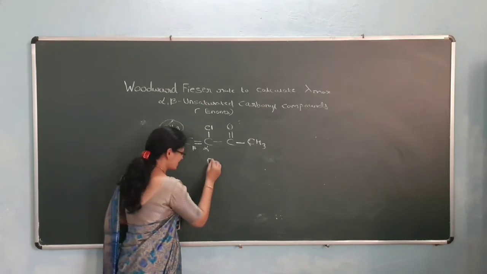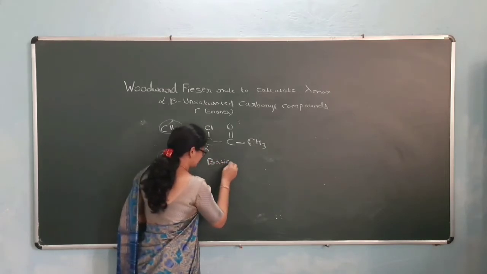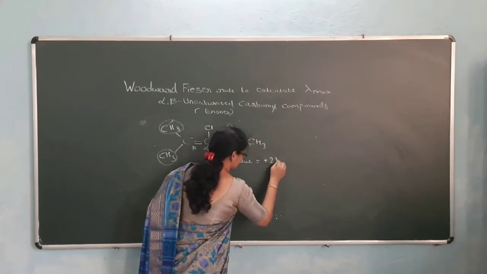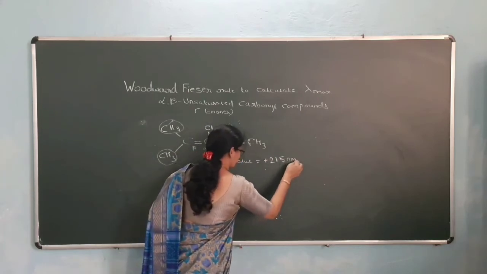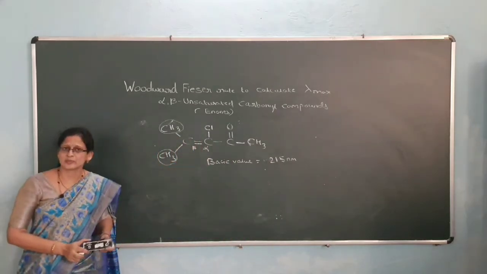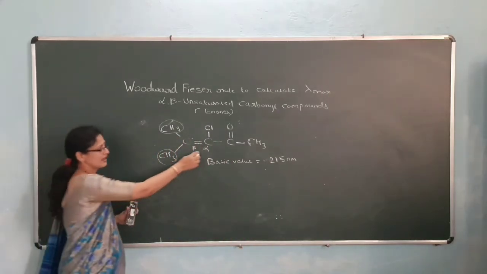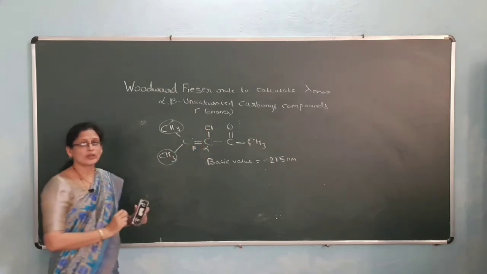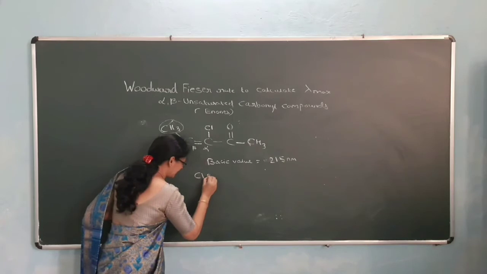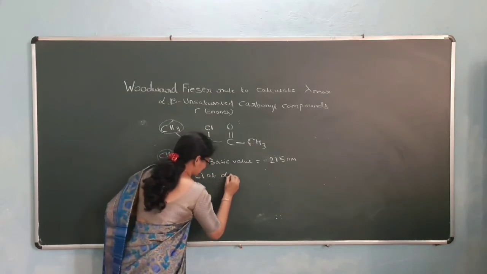You have to write the basic value 215. So now check it for the substituent. You can see here at the alpha position there is a chlorine substituent. So you have to write the chlorine Cl at alpha position.